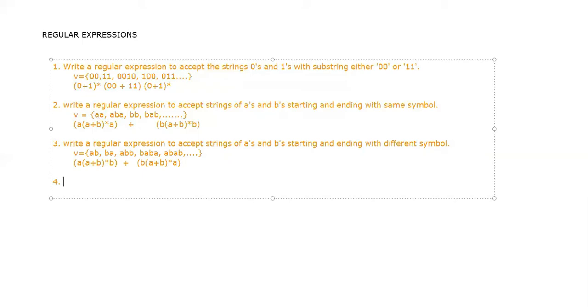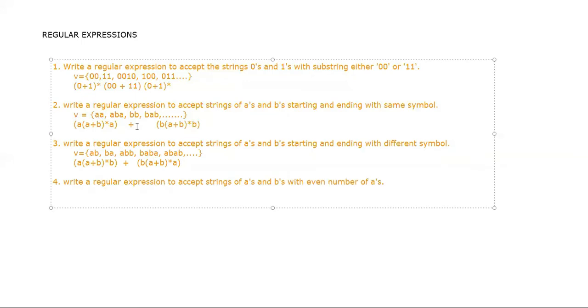Moving on, the next question, hope you can see the question: write a regular expression to accept the strings of A's and B's with an even number of A's. Till now, the problems were about the pattern of the symbols; this question talks about the count of the symbol. The strings accepted would be epsilon anyhow, along with AA.